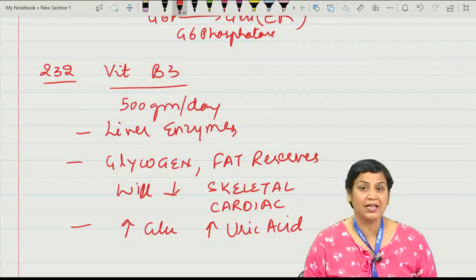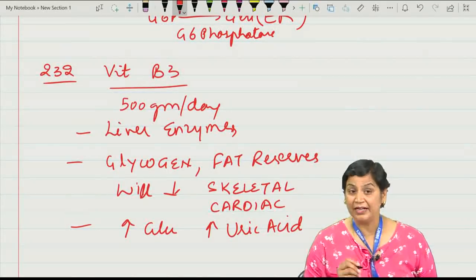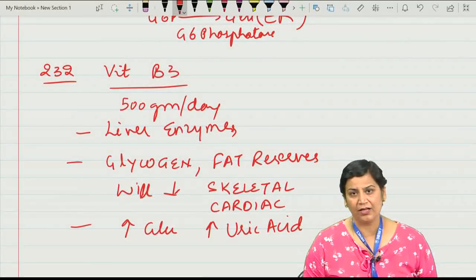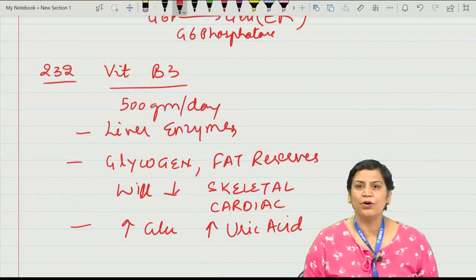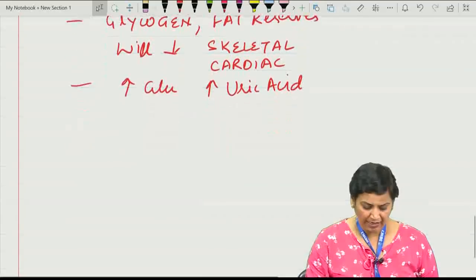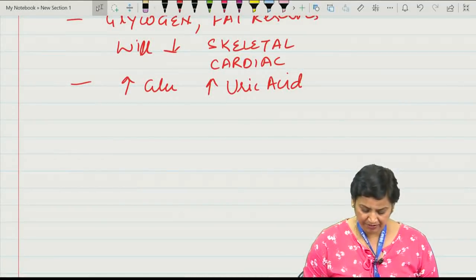And just now I mentioned this niacin being a very important vitamin, it is atypical as it is synthesized by tryptophan in our body. This is again a very important question. Precursor of niacin is tryptophan. So, and it is highly toxic in action.